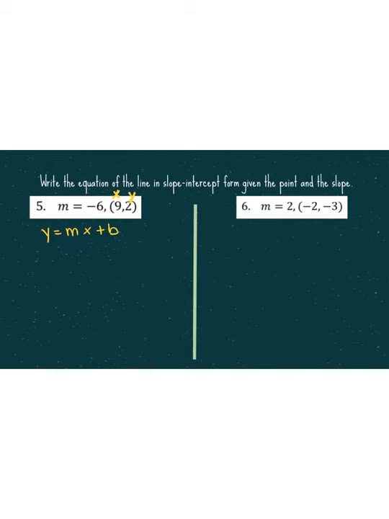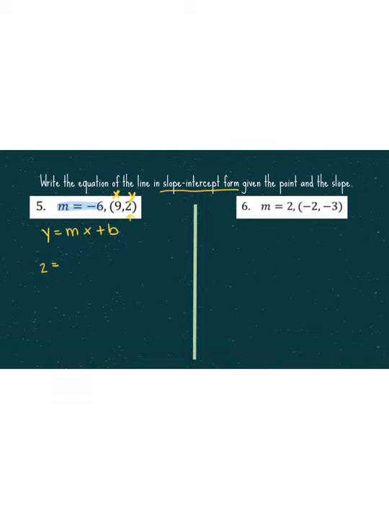Okay, when we put it in slope-intercept form, we're just filling in what we know. Okay, so it says y equals. So my y I see right here is a 2. So I'm going to say 2 equals my m. Remember, your m is your slope, which we just figured out there. And this right here, it says m equals negative 6.